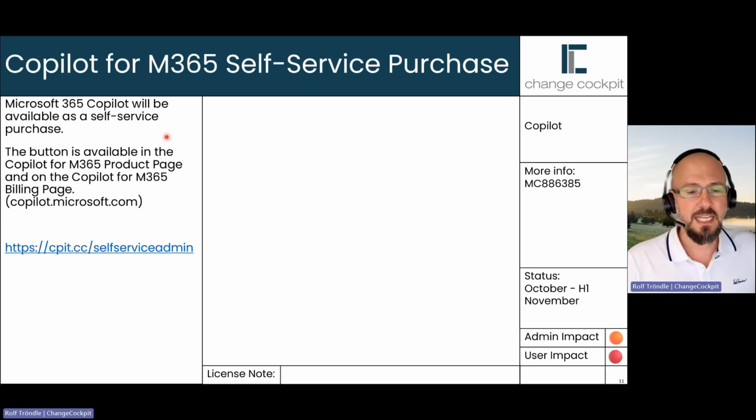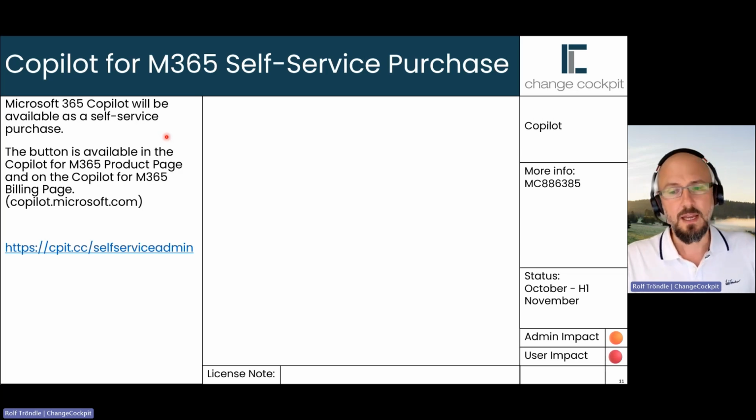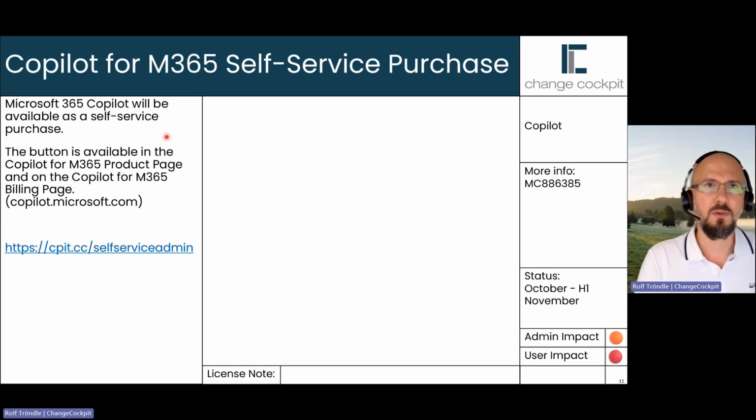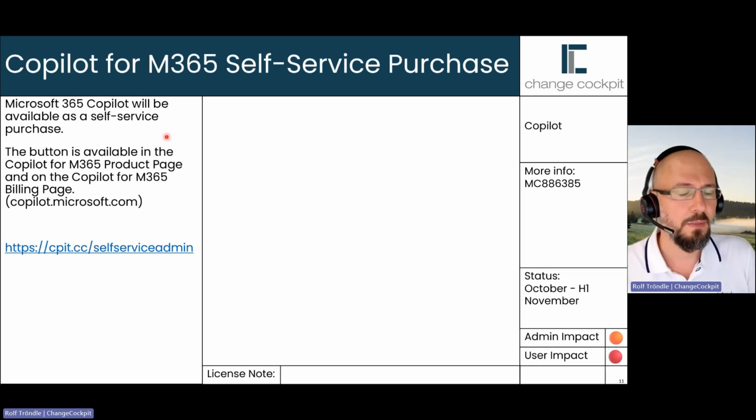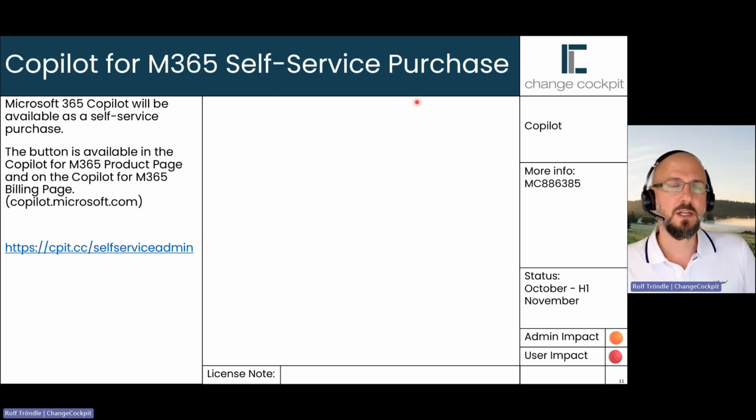So let's say IT doesn't have any more licenses or didn't yet buy Copilot for Microsoft 365, and you don't turn off self-service purchase for Copilot. If someone in the business says, now I want to try Copilot for Microsoft 365, there is no trial available, so they have to pay for it. Then they have the option to do the self-service purchase using their credit card, and then they have Copilot assigned to them in your tenant.